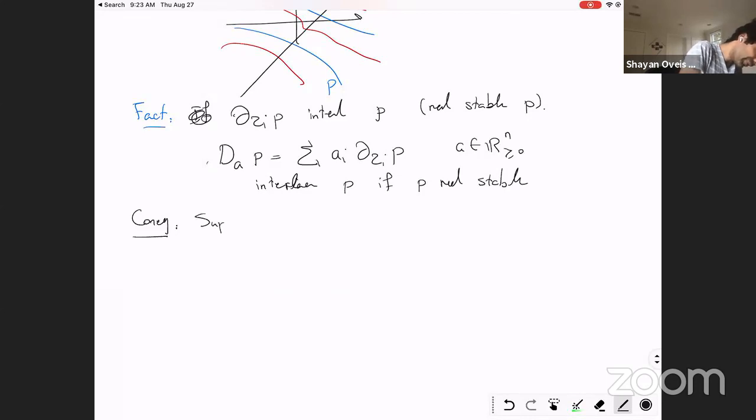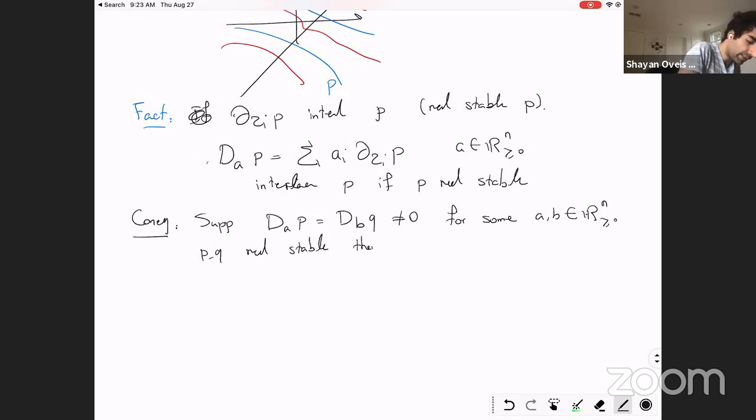So suppose that dA of P is equal to dB of Q, and it's not equal to 0, for some A, B non-negative, and P and Q real stable. Then they have a common interlacer, and P plus Q is real stable.